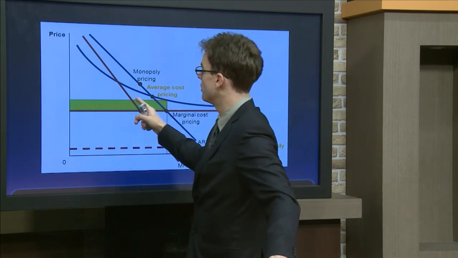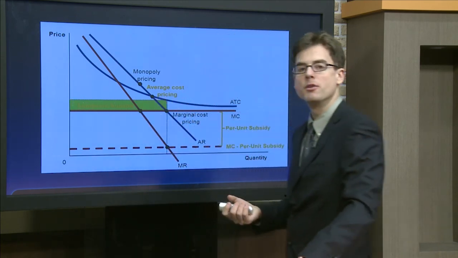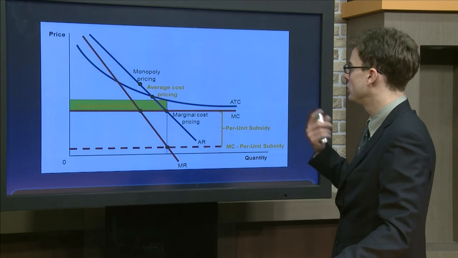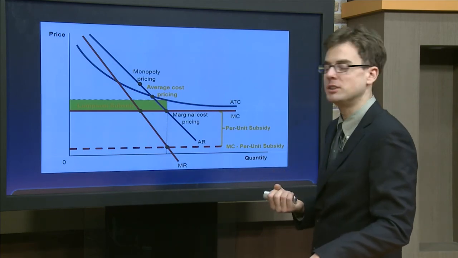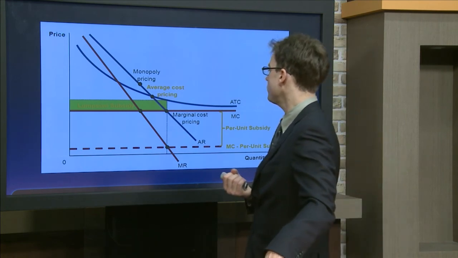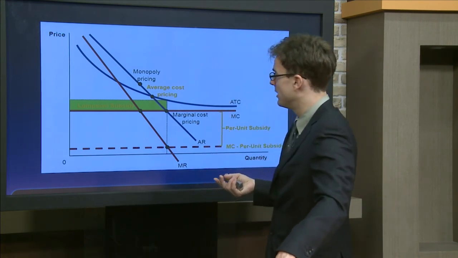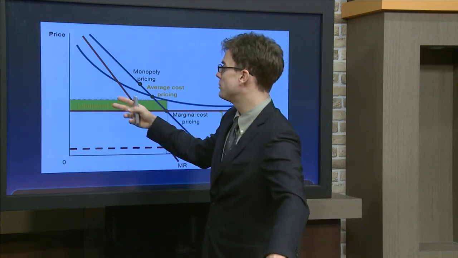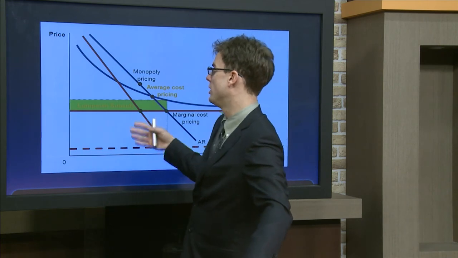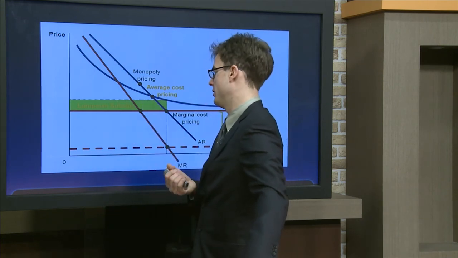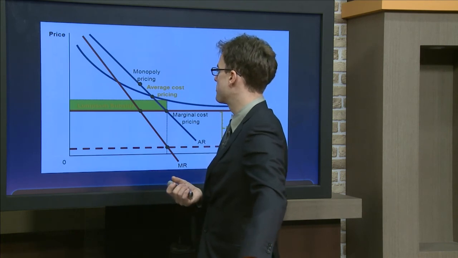So the government could offer this lump sum subsidy to the monopoly, just so that the monopolist would achieve zero profit. Okay. Finally, a third possible solution is that maybe these government programs are not feasible. Maybe taxpayers would not be willing to pay these subsidies to a monopolist.